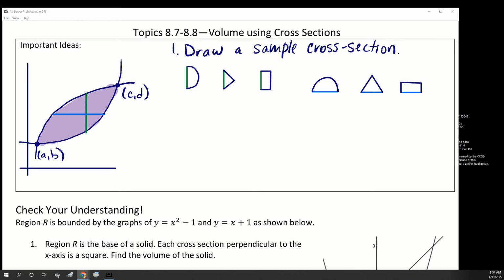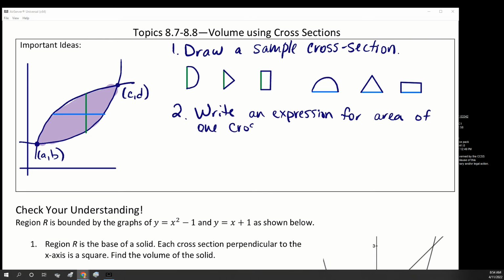And then our next step is to write an expression for the area of one cross section. Right.